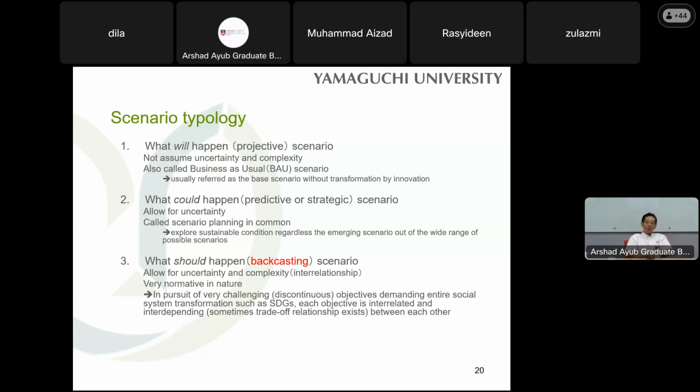This second type is sometimes called scenario planning, and our part-time students usually start their project with it: what could happen if some uncertainty becomes reality?